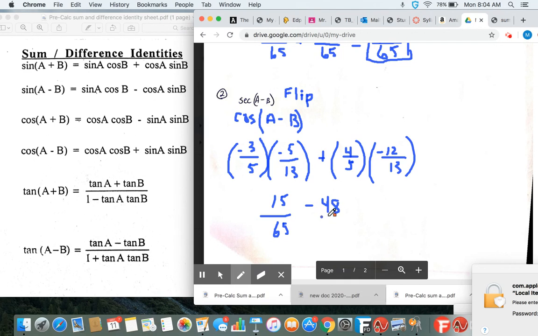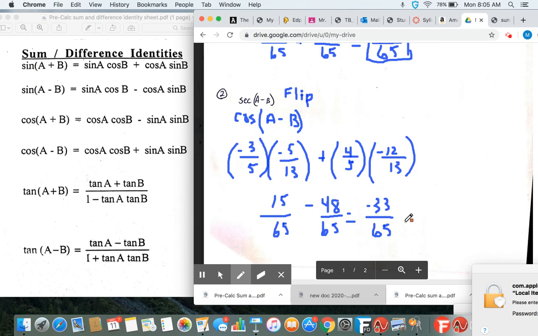And so many times, guys, myself included here, I would think that my answer is negative 33/65. So do whatever you have to do to make a note to yourself in problems like this where it asks you to do a secant or a cosecant or a cotangent.